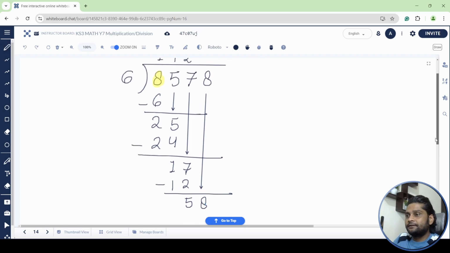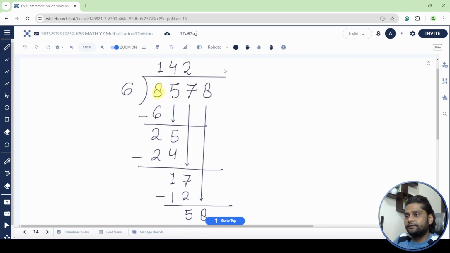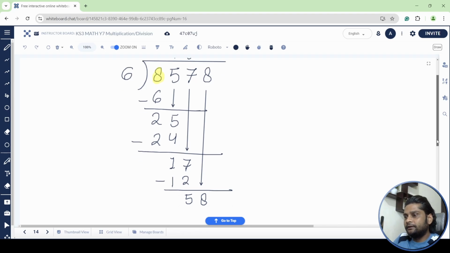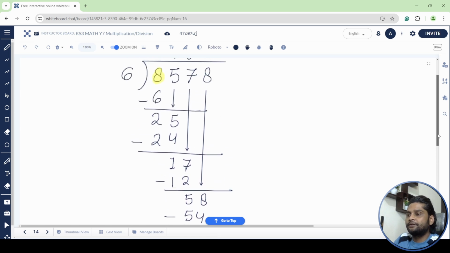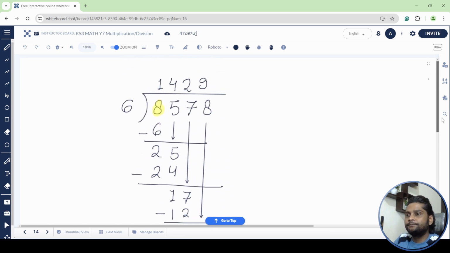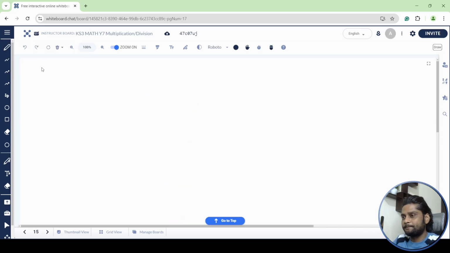And 6 times 9 gives you 54. And at the end we again perform subtraction. We get 4 as the remainder because there is no number after that to note down. So 4 is the remainder. 1429 is the quotient.